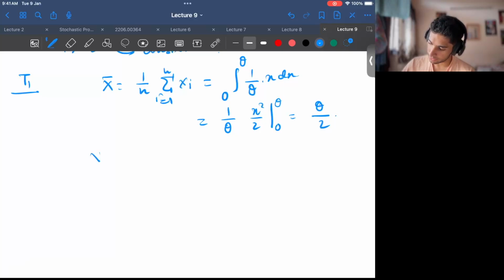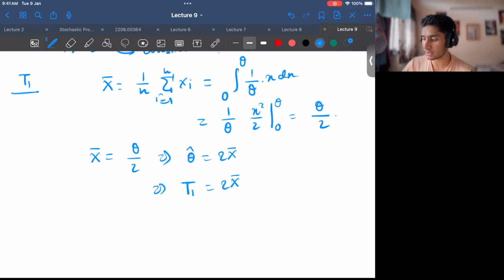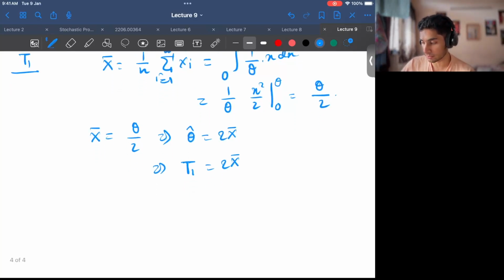So the first moment x bar is equal to theta by 2, which implies theta hat is 2 x bar. So T1 is 2 x bar. Given n samples, your moment estimator tells you to use 2 x bar as your estimate for theta.